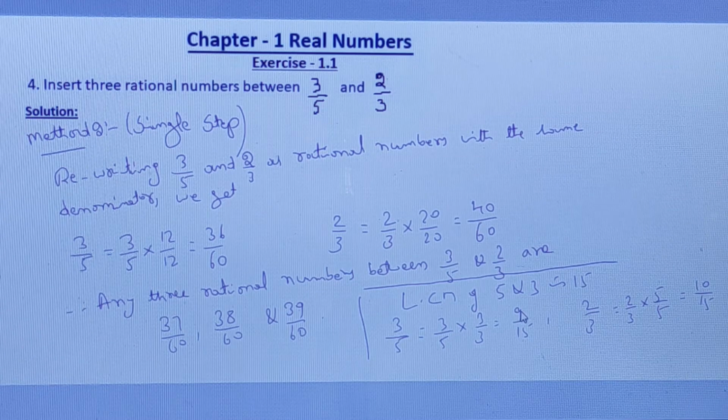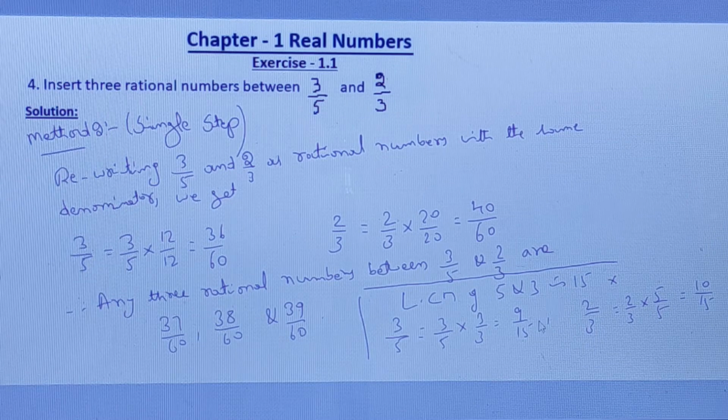But if I see between 9 and 10, I am not finding integers. Of course, you might be saying 9.1, 9.2 and so on. But just as for single step, we check if any numbers exist between the numbers in the numerator. So after 9 it is 10 only, right? So that's why we don't consider this.